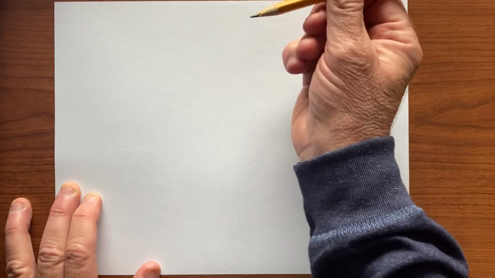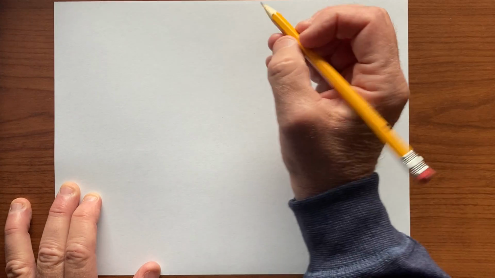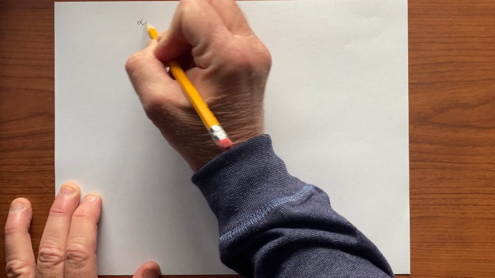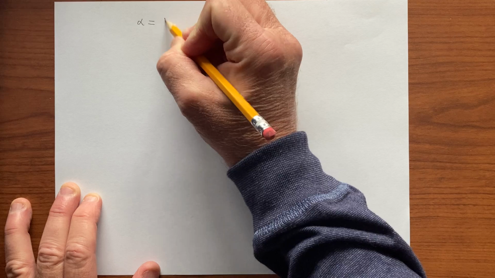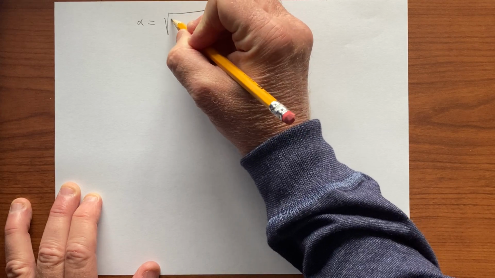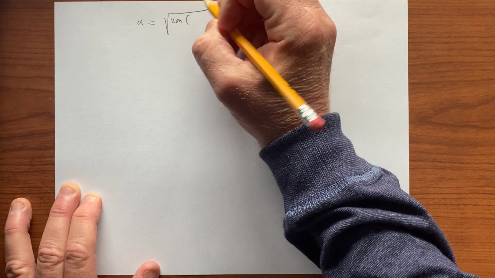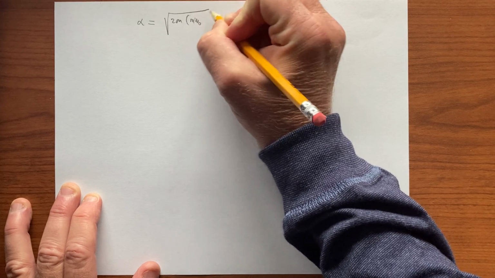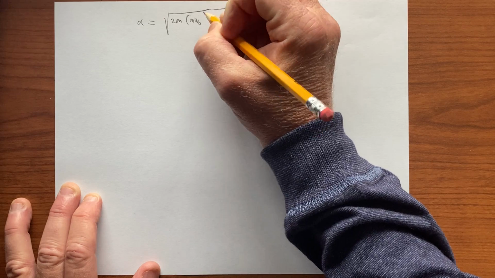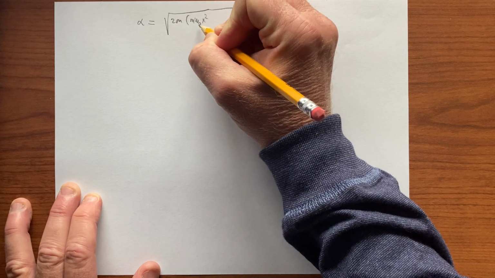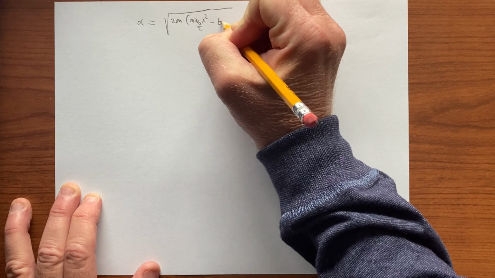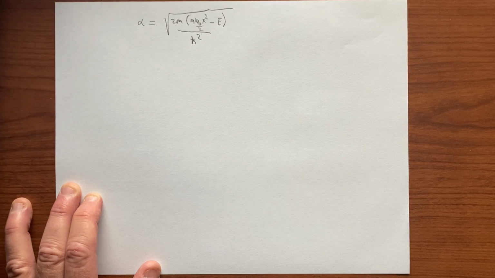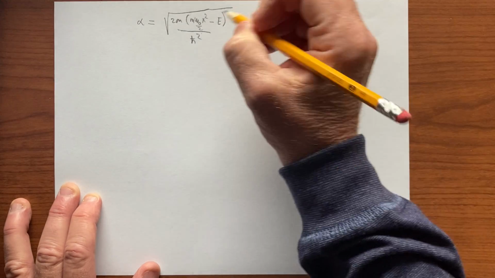So the wave number: we have 2m times the difference between the potential and the energy, and for the harmonic oscillator, if the frequency is omega naught, we have m omega naught x squared over 2 minus the value of the energy, divided by h bar squared. This is this coefficient.